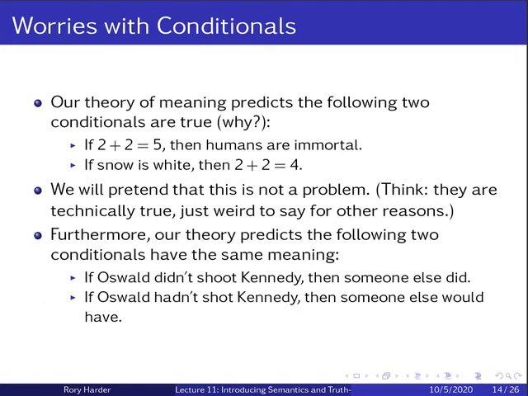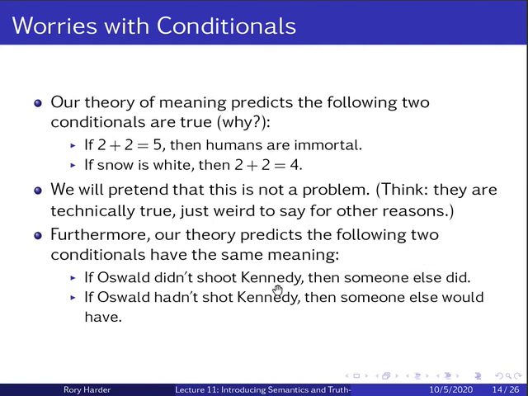So now, given that background, I want you to consider the following two conditionals. First, if Oswald didn't shoot Kennedy, then someone else did. Now, this claim, upon some reflection, is one that should be accepted by anybody, regardless of whether you are a conspiracy theorist or not, because JFK was, in fact, shot by someone.